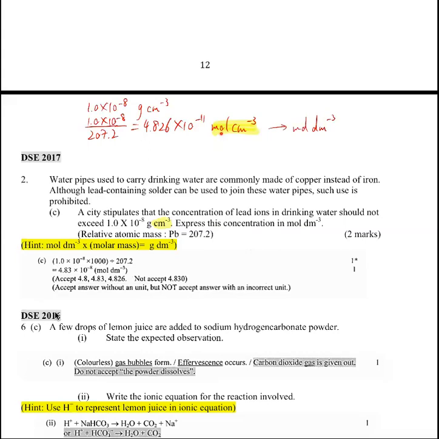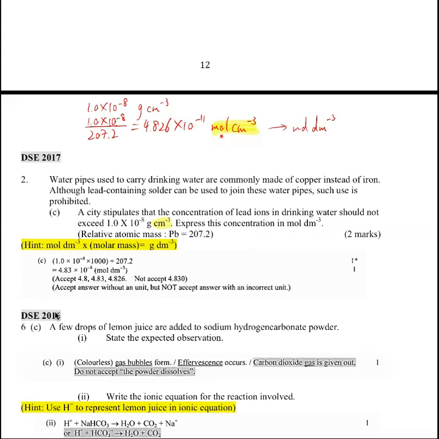Here we only express the number of moles in 1 cm cube of that solution. But on the right hand side, we need to express the number of moles in 1 dm cube of the solution, which is more solution. Actually it's 1,000 times more than this solution, isn't it?